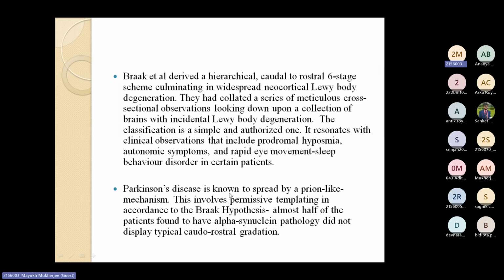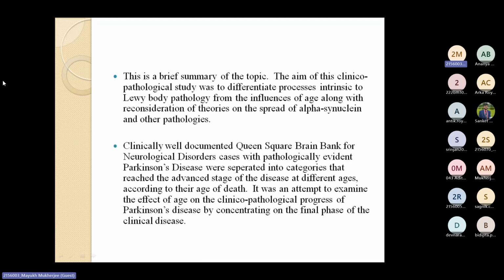This is a mathematical simulation of Parkinson's disease, and this paragraph describes how Parkinson's disease spreads among human beings. So this was a brief summary of the topic. The aim of the clinico-pathological study was to differentiate processes intrinsic to Lewy body pathology from the influences of age, along with reconsideration of theories on the spread of alpha-synuclein and other pathologies.